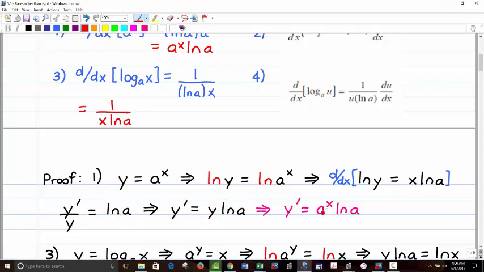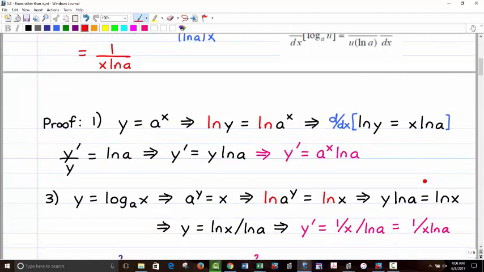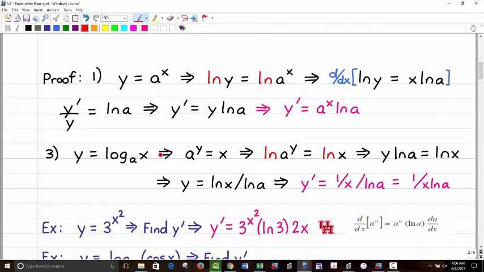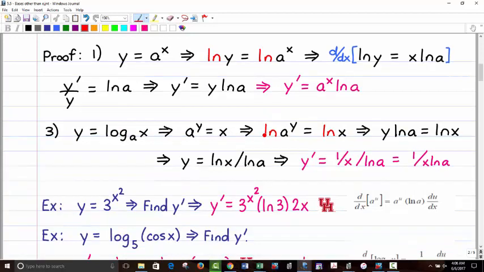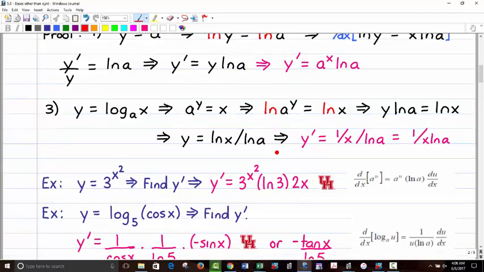So we replace y with a to the x, and there you have it, a to the x ln of a. I did the same sort of technique for the log, which you aren't responsible for proving on a test, so I'll skip past that, and you can look at it if you want.